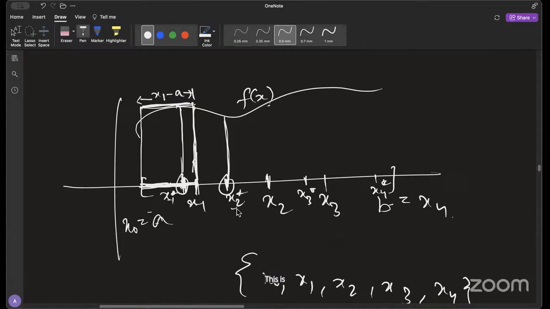This is why this point is given, for you to fix the height. So this height is f(x2 star). Fix this height for this entire interval. So the rectangle would be this one, right? The next rectangle is this. And what's the area of this next rectangle?